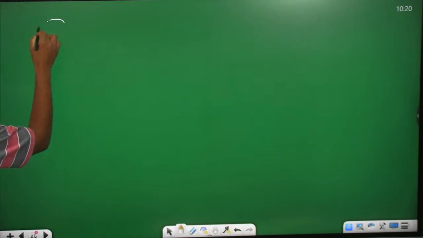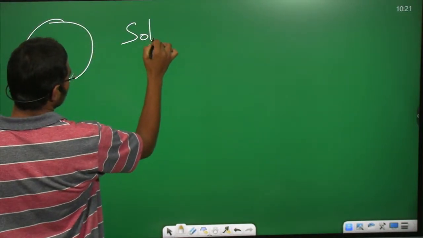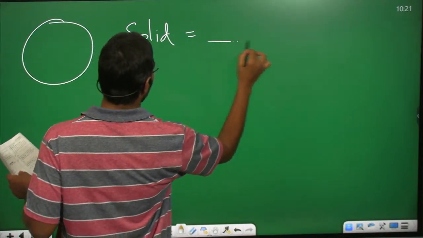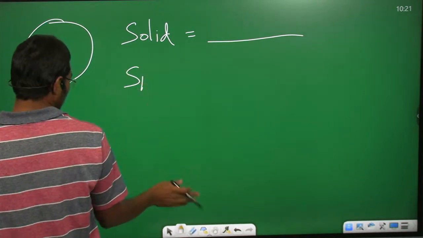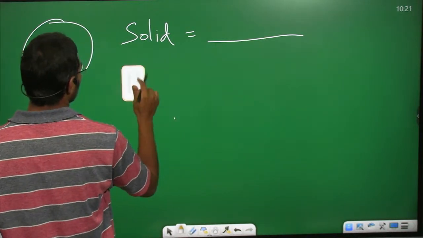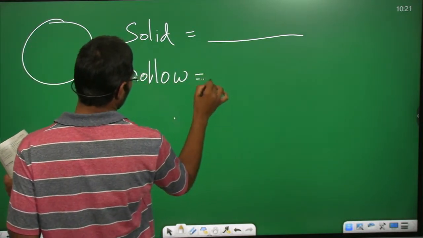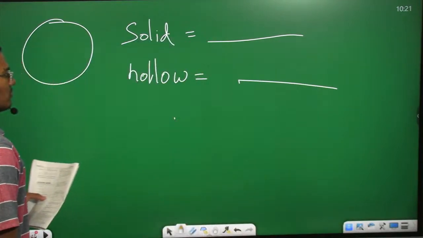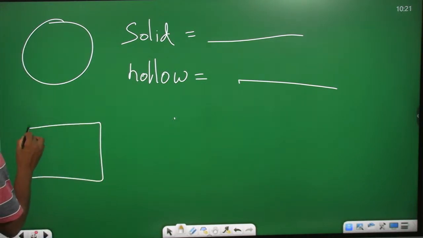So now let us try to look at the moment of inertia of standard examples for solid sphere. So people watching on YouTube, try to answer. I'm giving blanks and giving time so that you can check. Hollow sphere. For a rectangle.